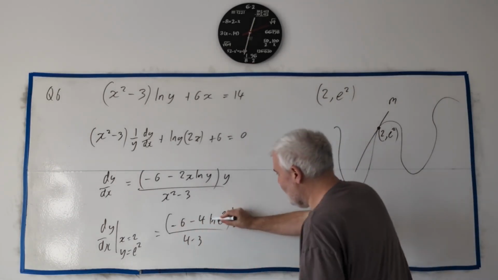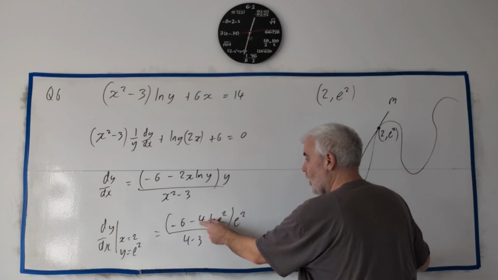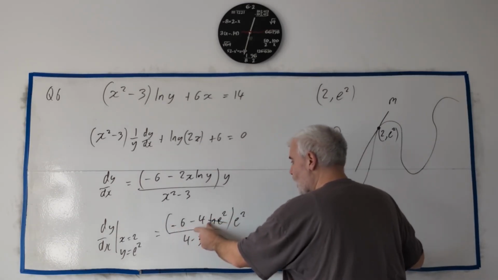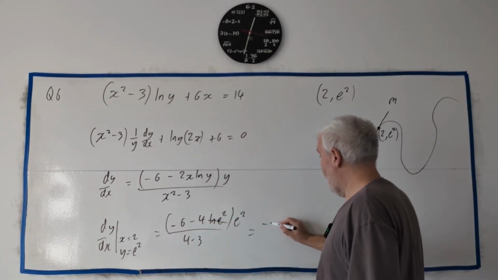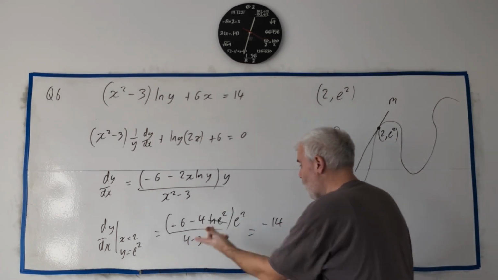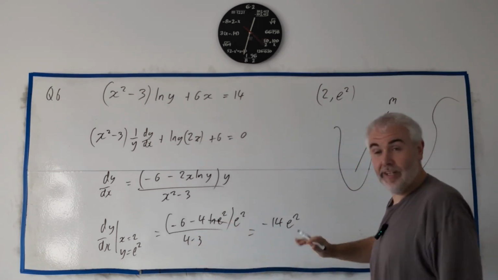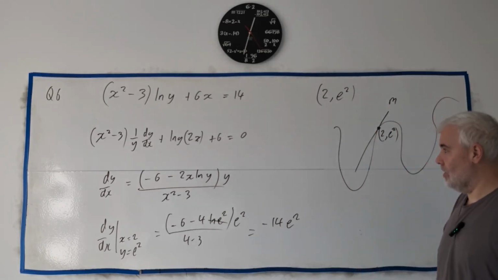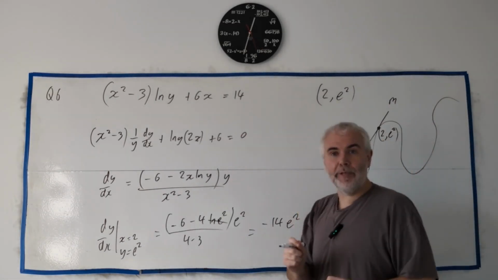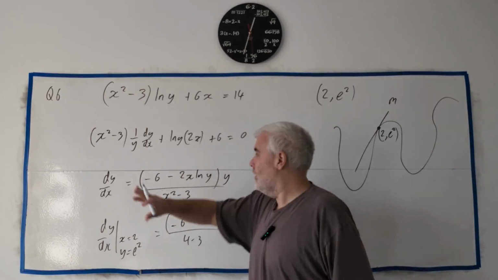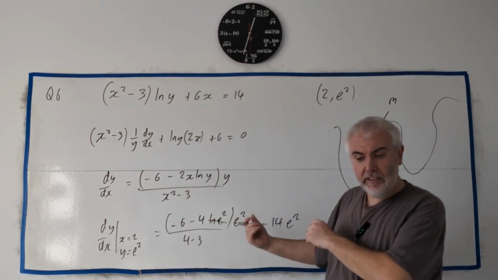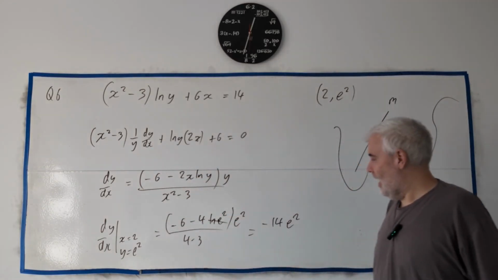In here, like I said, this cancels and we're left with 2 times 4 is 8. Minus 6 minus 8 is minus 14. 1 on the bottom times e squared. Same answer as we got previously. This one's a little quicker, but you have to be able to do the chain rule in your head a lot more confidently. Although you had to use the chain rule the other way, so not much difference.